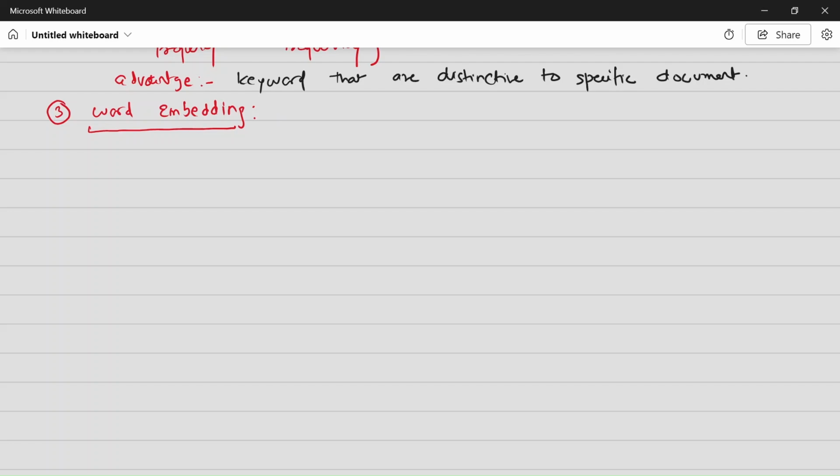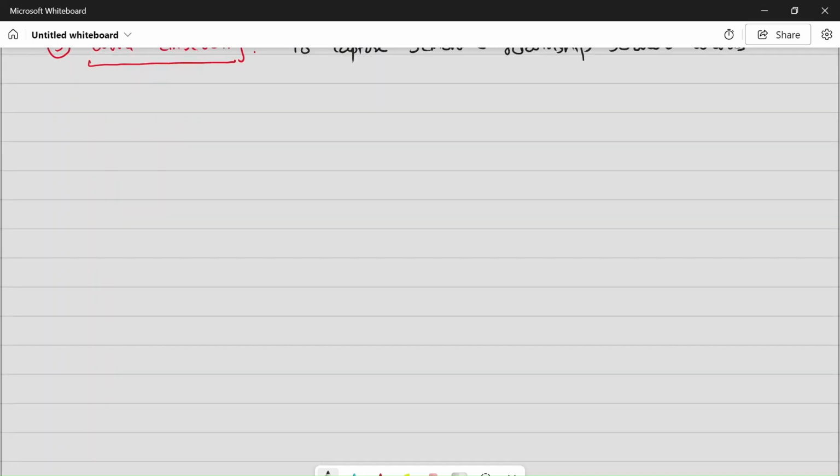So word embedding is very helpful to capture semantic relationships between words. Based on the semantic meaning, it will do the translation of text into numbers.